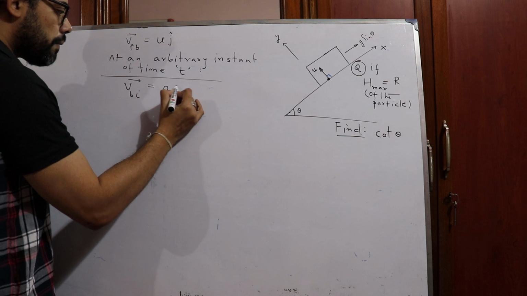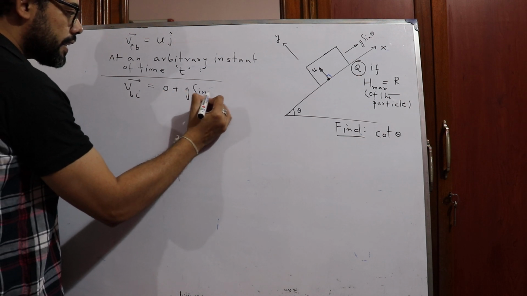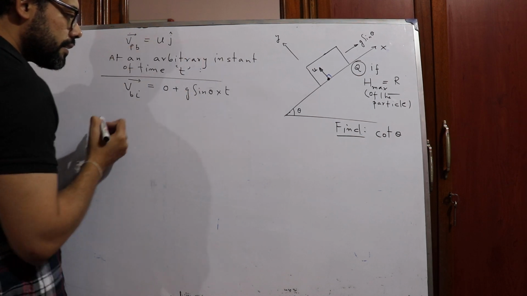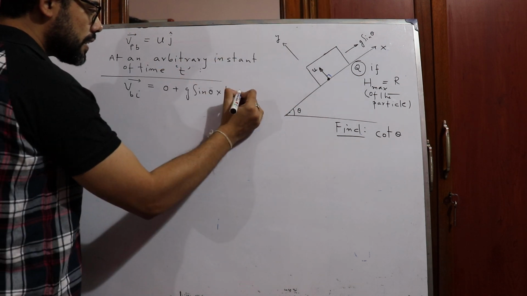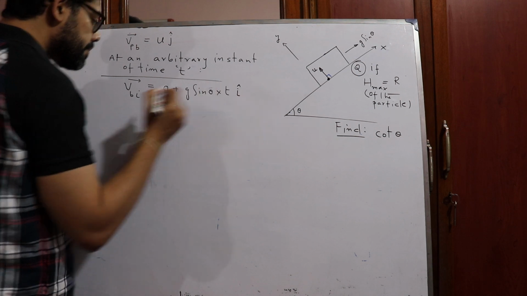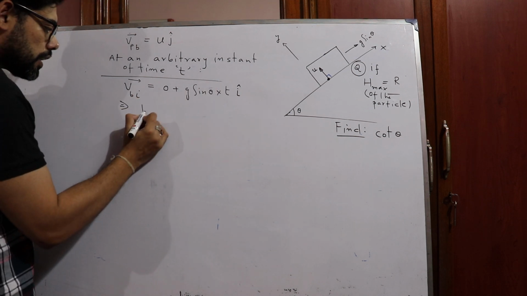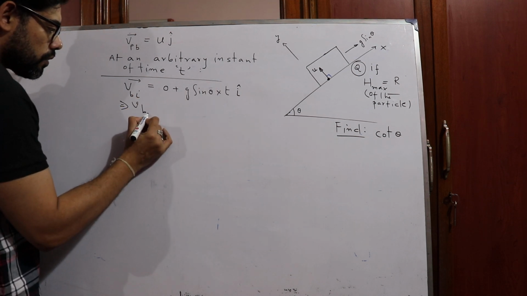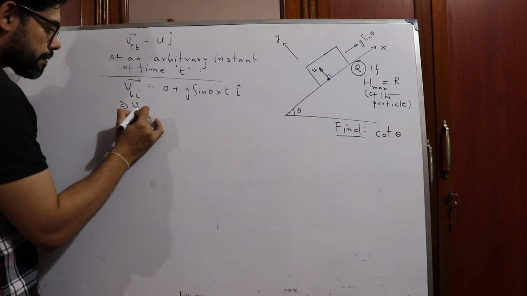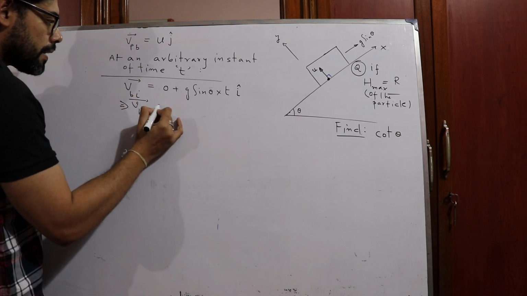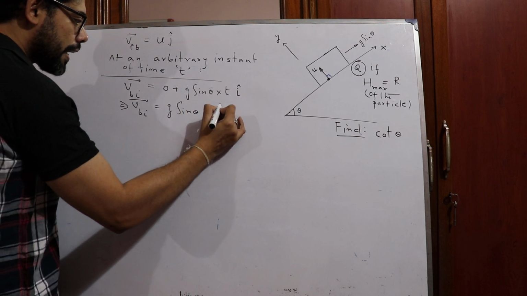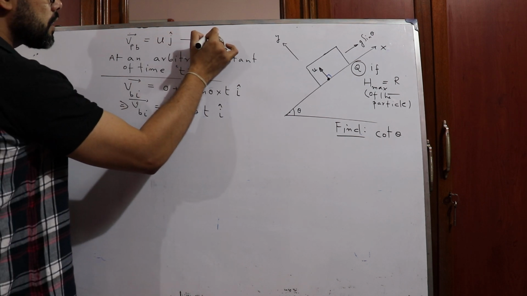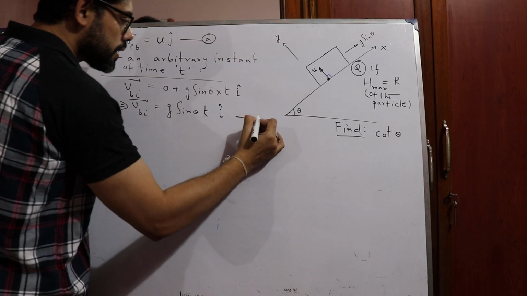So it is 0 plus g sine theta into t, and the direction is along x axis, so i cap. So velocity of box with respect to inclined plane is equal to g sine theta into t i cap.